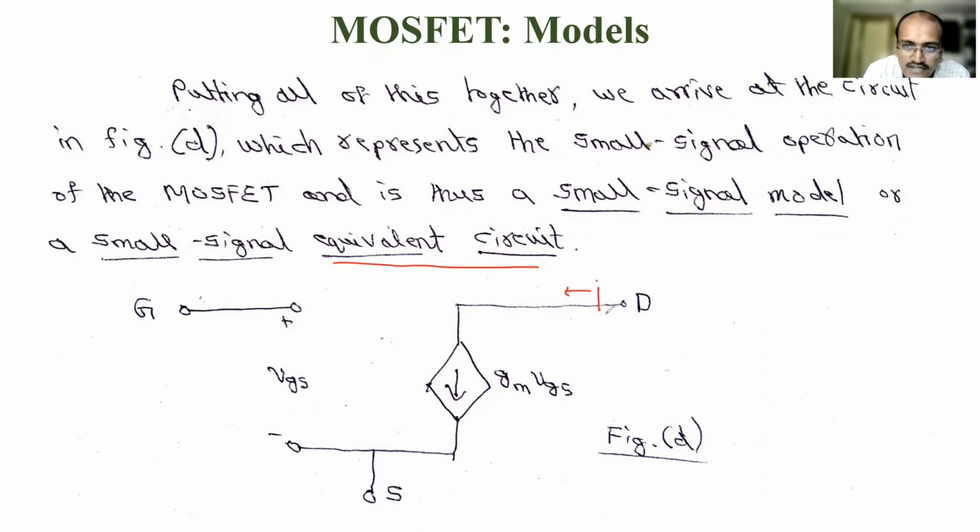From the transconductance formula, gm is ID by VGS, so ID is gm into VGS, and this is a voltage controlled current source. This symbol indicates a current source, and the diamond symbol means it is a controlled one. Who is controlling it? The input voltage VGS, which is why it is voltage controlled. You can write that: voltage controlled current source.